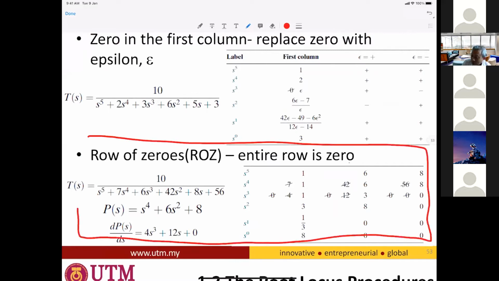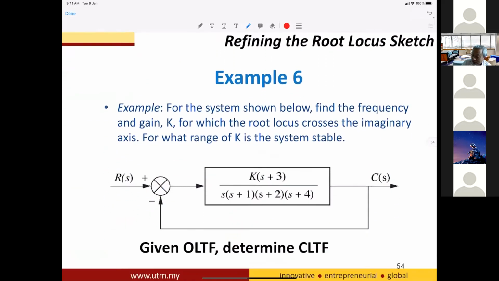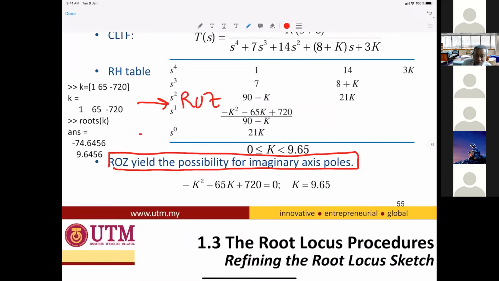So when a row of zeros happens, for example at S to the power of 3, you need to take the auxiliary equation from the row above it. S to the power of 4, 6s squared plus 8, then you differentiate, then you insert the coefficients of the differentiated polynomial inside the row of zeros. So it happened here as well. It's not missing. It's a row of zeros. You take the polynomial above, differentiate it, then insert the coefficients into the S to the power of 1 row.